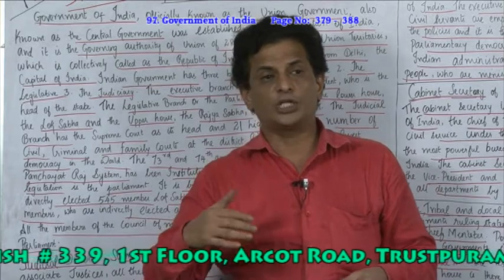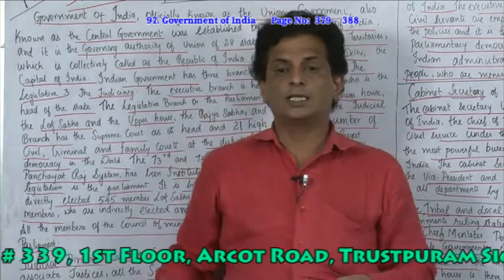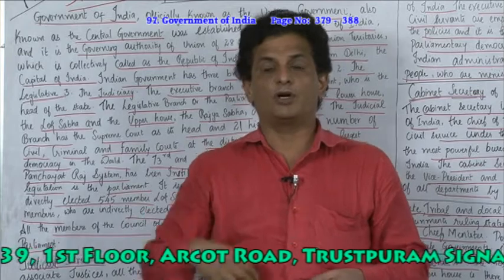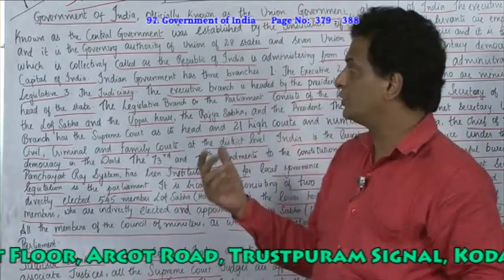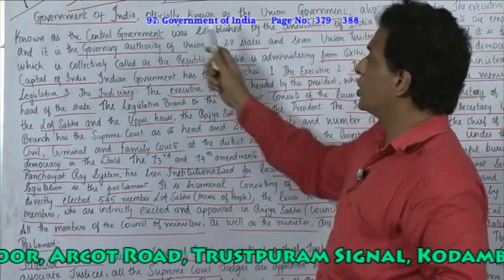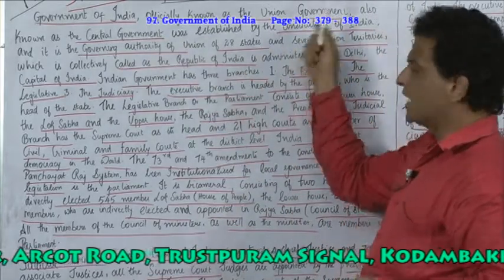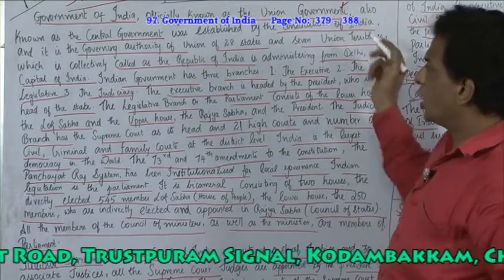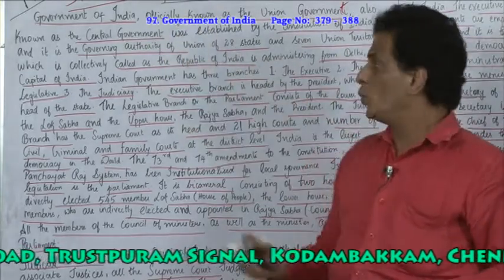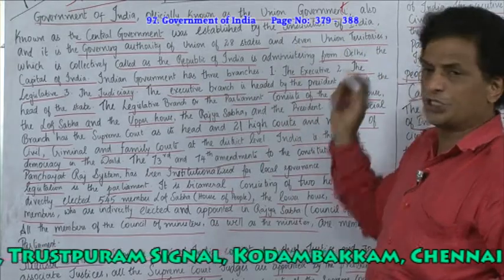Generally people don't look beyond the region where they live, Tamil Nadu or South India, but you have to know what it's all about. The Government of India, officially known as the Union Government, also known as the Central Government, was established by the Constitution.